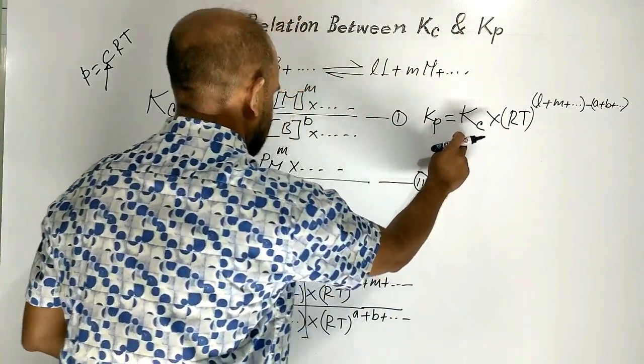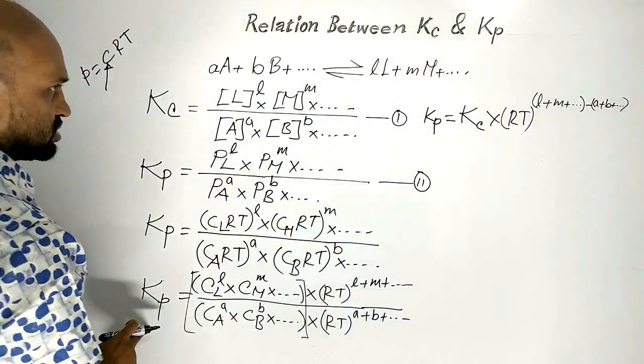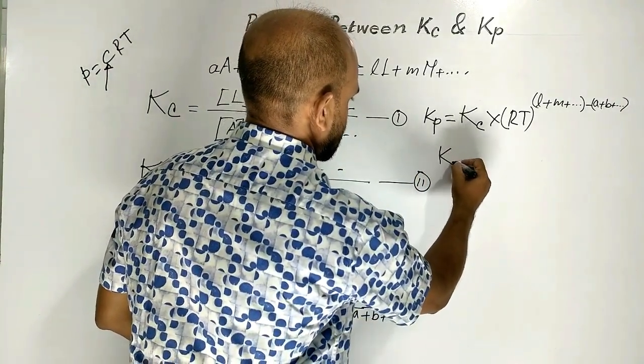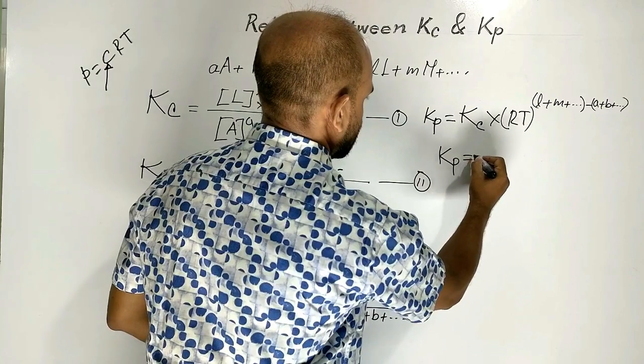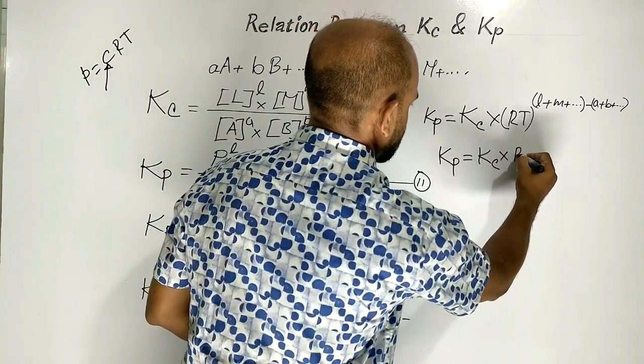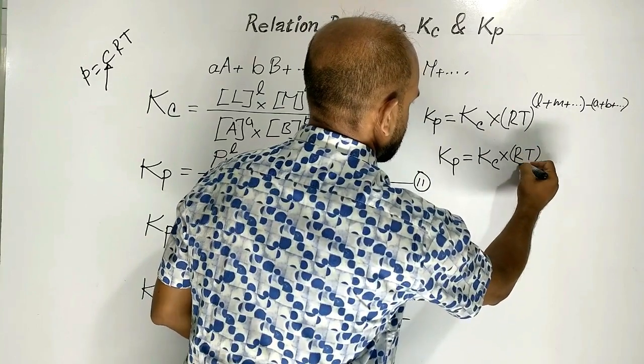This is what we got from this equation. Then we can write Kp is equal to Kc into RT.